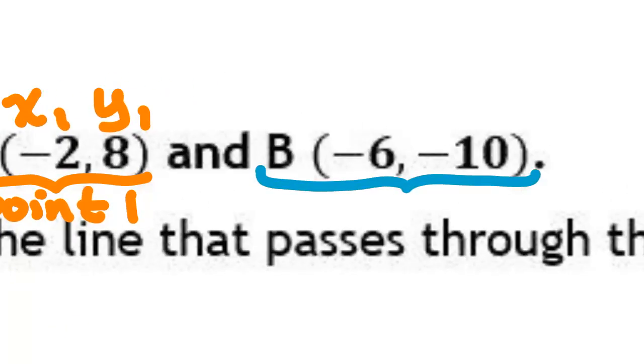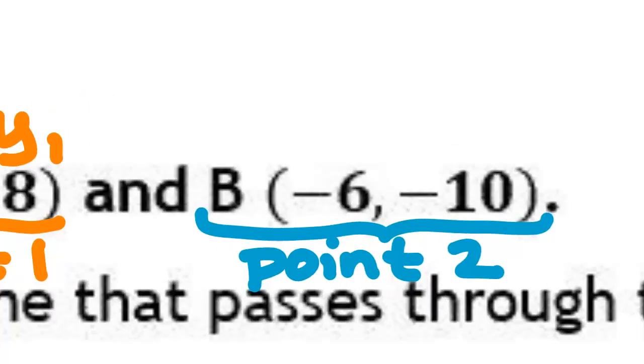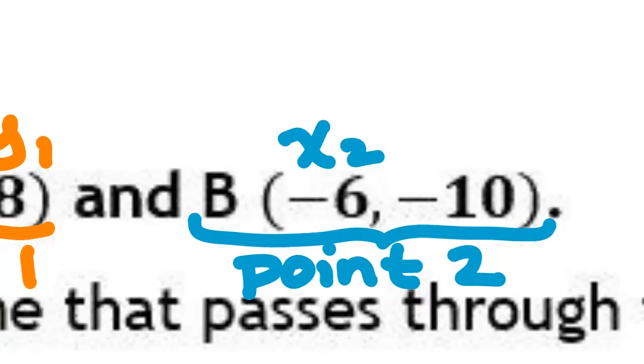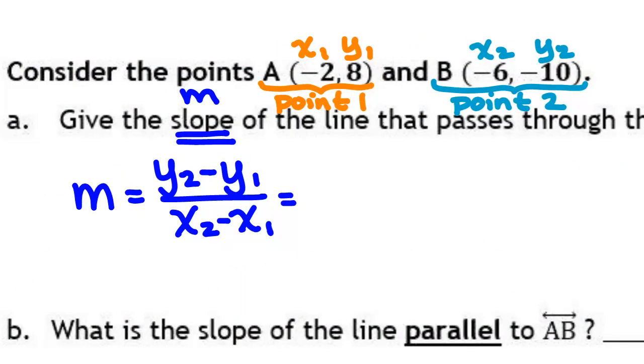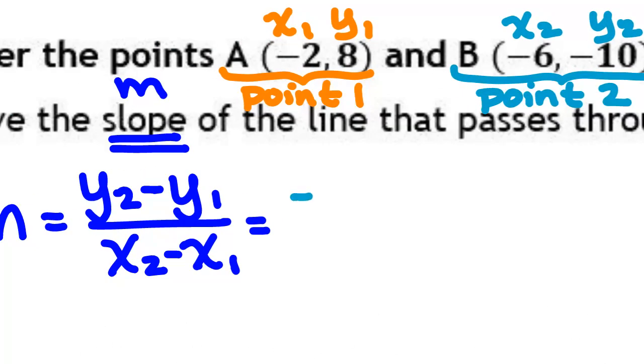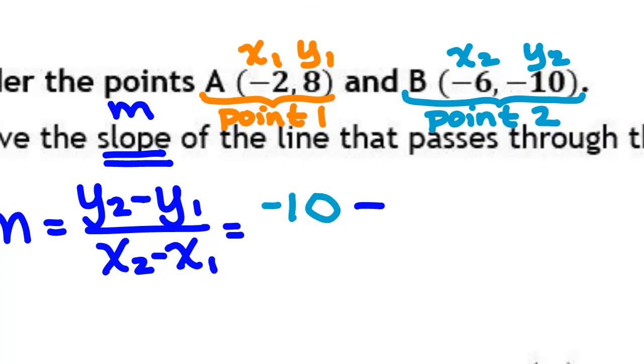And my point B is going to be point 2, so -6 would be my x2 and -10 would be my y2. Then we substitute those numbers into our equation. y2 I'm going to replace with -10, and then I bring my minus sign over. y1 is 8.